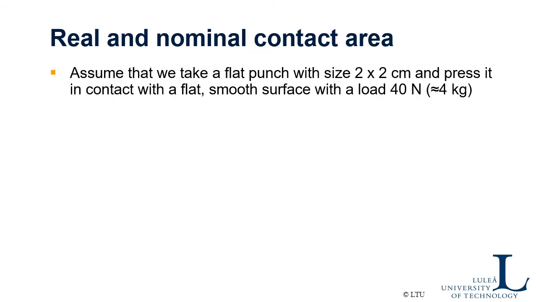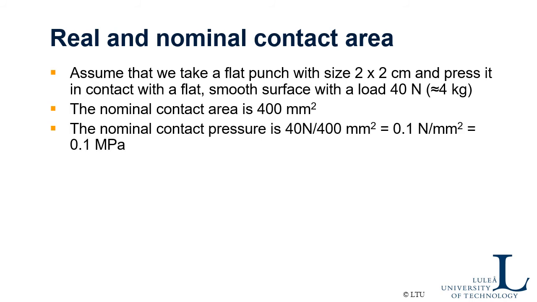So assume now that we take this flat punch with the size of 2 by 2 centimeters. You press it into the contact with a flat smooth surface. You apply the load of 40 newtons only. The nominal contact area is then 20 by 20 millimeters, that means 400 square millimeters.